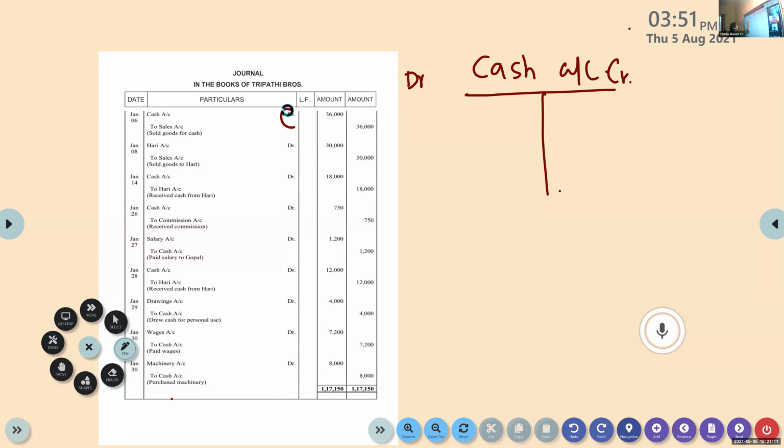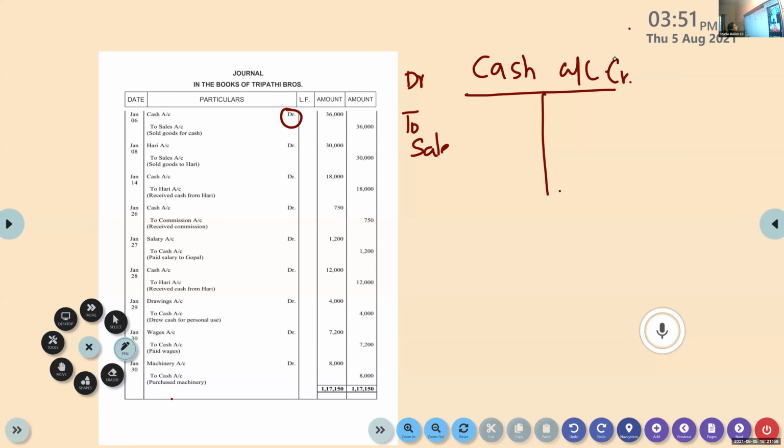Cash account debtor, so coming to the debit side, to sales. Cash account debtor to sales. What is the amount? We will write 36,000 here, and coming to sales account.